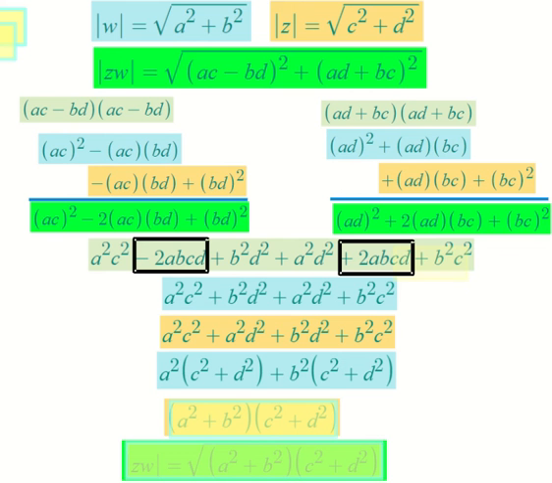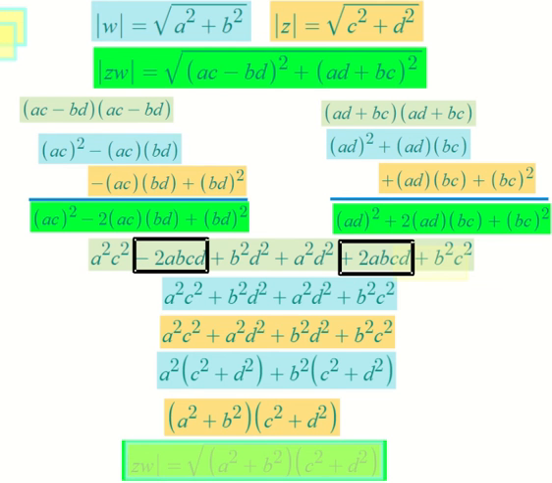And of course, now I can use my distributive property to put a squared and b squared together. So I've got a squared plus b squared times the quantity c squared plus d squared. And this is the really fun part in math, when you do all this work and everything comes together in this nice, neat little package. And now the last thing I'm going to do, remember, zw was under the radical.